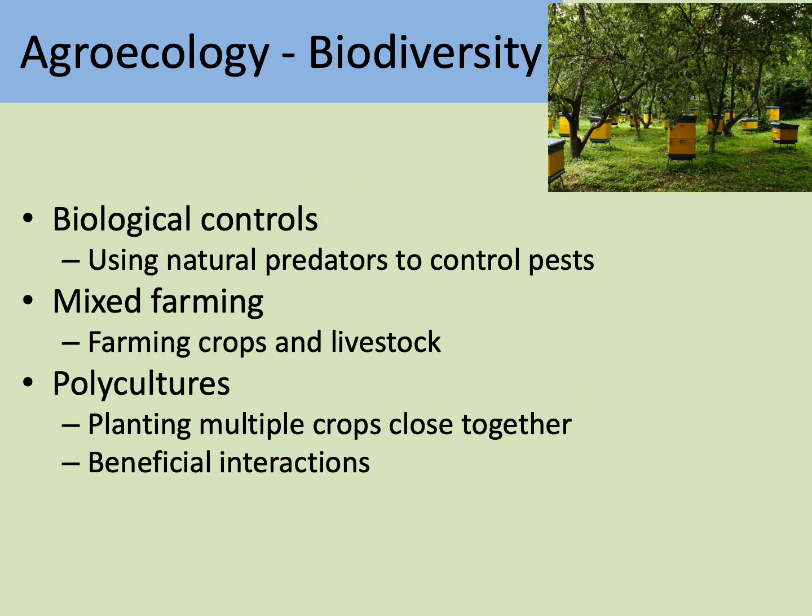This slide sums up some of the techniques of agroecology and how it benefits biodiversity. And we've gone over most of this in the textbook, which goes into a lot of detail, and some of this I know might sound very do-gooderish, but it actually also often works out financially.